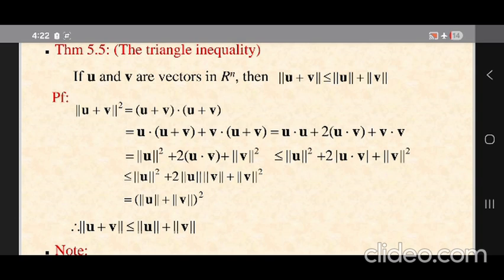Then modulus of u dot v is less than or equal to norm u times norm v. Substituting, the answer is (norm u plus norm v) squared. Therefore norm of u plus v is less than or equal to norm u plus norm v.